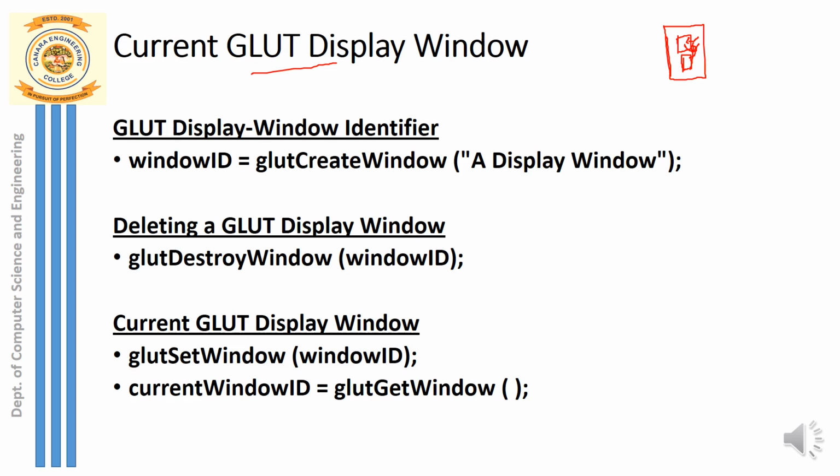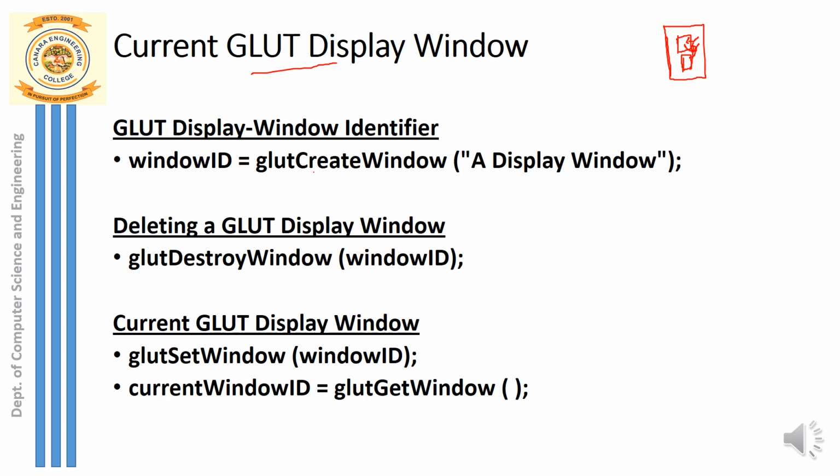Remember, we can have multiple display windows one behind the other. At a time, one display window will be active. Suppose you don't want that active display window, you can move it to the background, or any background display window you can get to the forefront anytime using the suitable OpenGL functions. So we will now see all the OpenGL functions with respect to these multiple display windows.